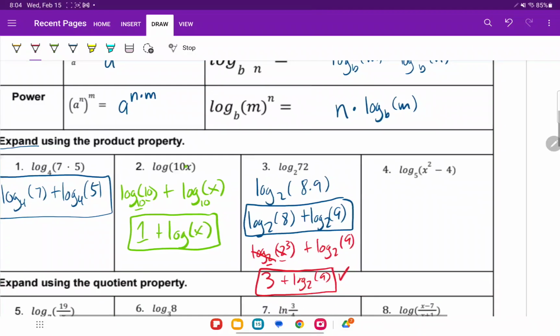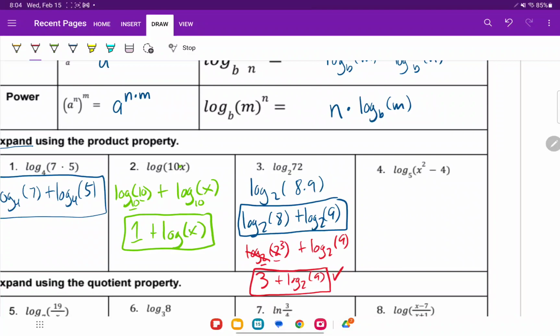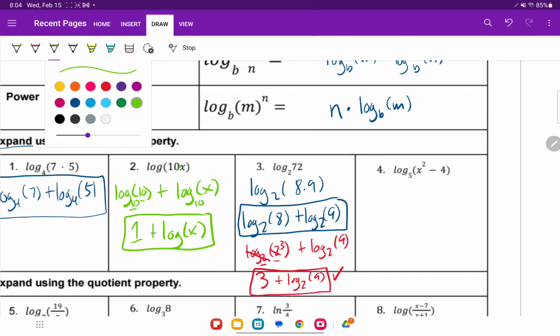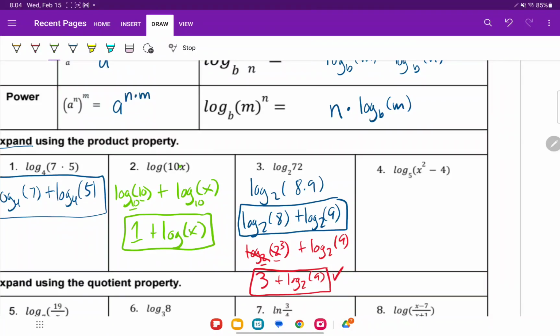Okay, so for this number 4 one here, again, we're expanding. So you're going to have to recall a little bit of prior knowledge on this one. If you recall, x squared minus 4, if we were to factor that out, that's a difference of 2 squares. So I have log of, and this would be x plus 2 and x minus 2. So these are being multiplied, and I can expand them through addition.